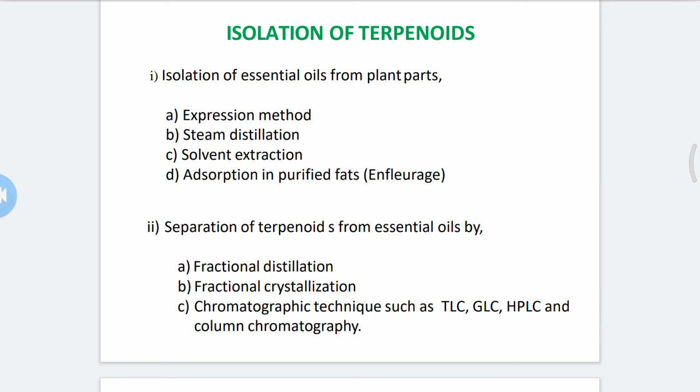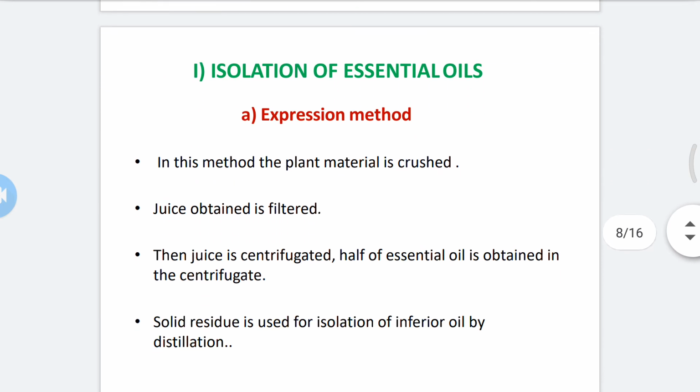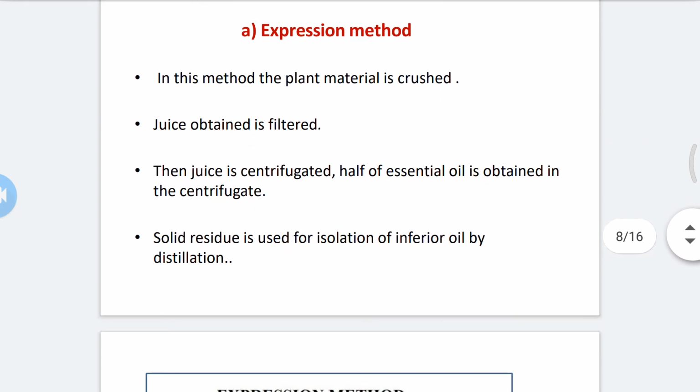Column chromatography is mostly used because TLC, GLC and HPLC are more costly.